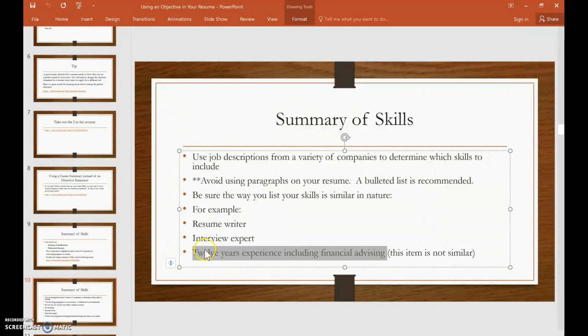I want structural similarity. So if I look at this, 12 years experience including financial advising, what I could do to make it similar is just put financial advisor or financial expert to make my two-word similarity continue through the list.